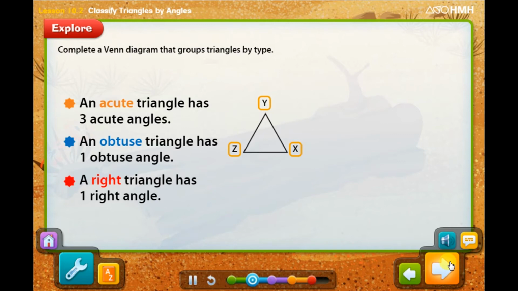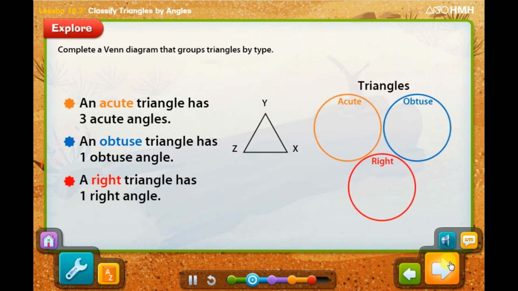We'll call it YZX. The kinds of angles in a triangle determine what kind of triangle it is. Let's find out what kind of triangle YZX is so that we can put it in the right place in the Venn diagram. First, let's find out what kinds of angles triangle YZX has.